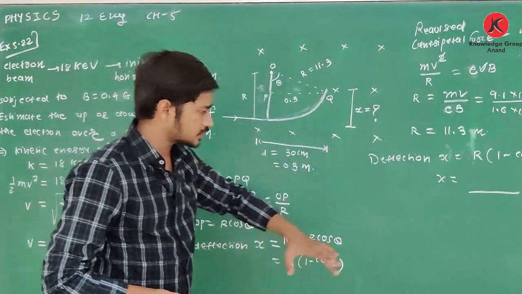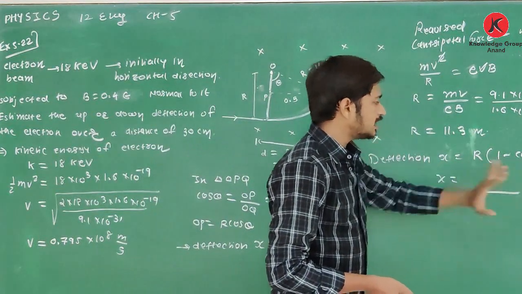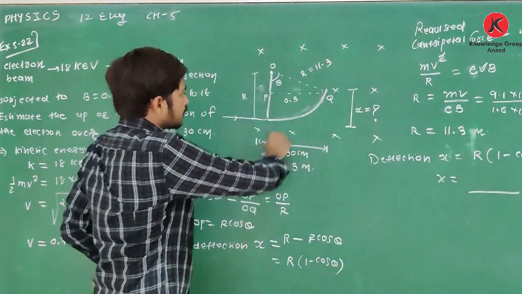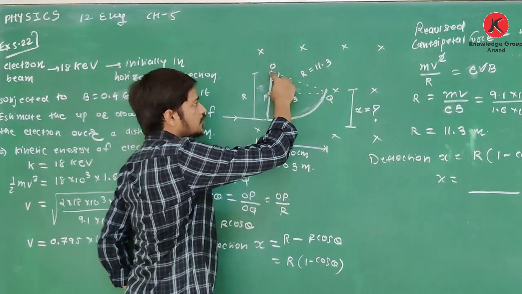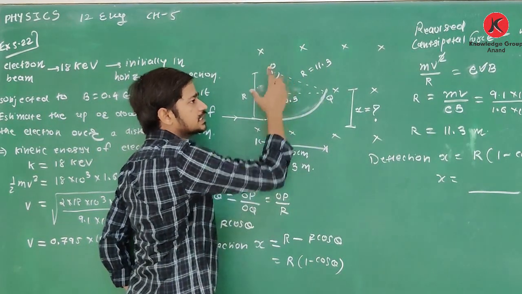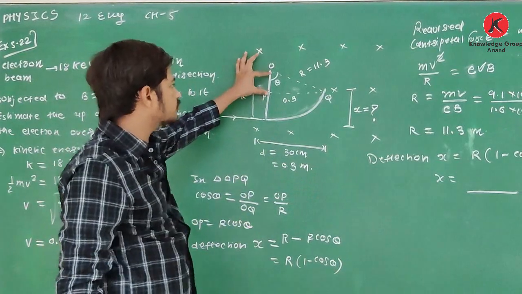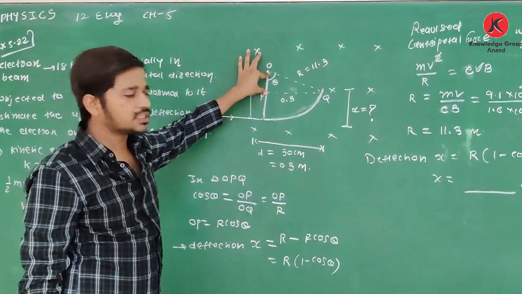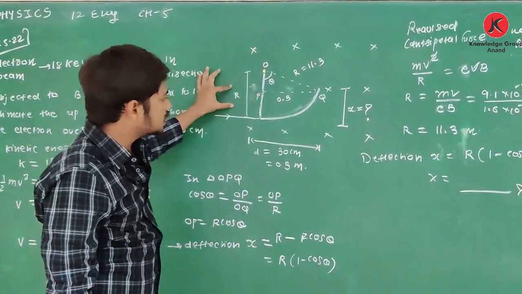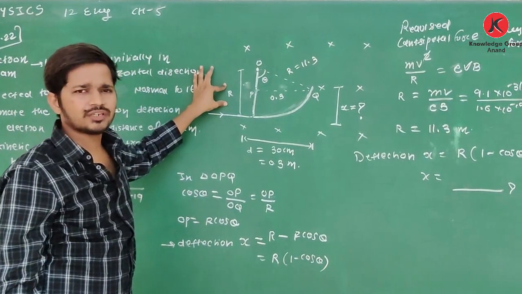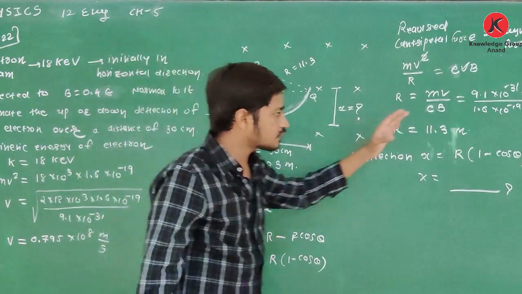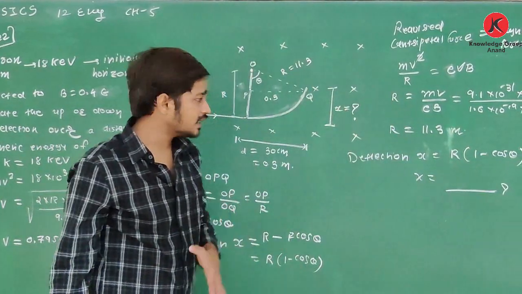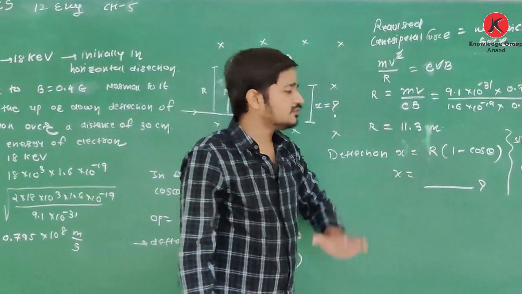First, x is equal to R(1 minus cos theta). How to find it? R is 11.3, so you can easily find this distance with the help of Pythagoras theorem. Then subtract this distance from radius R. Second method is, from this triangle, first of all find the value of angle theta, and then put the value of the angle in this equation.